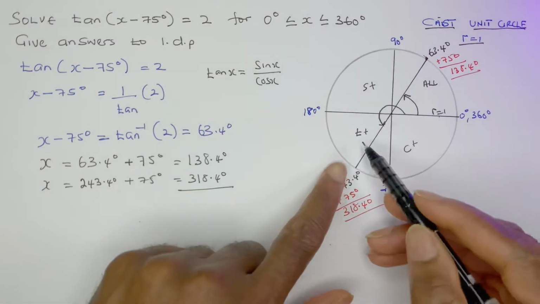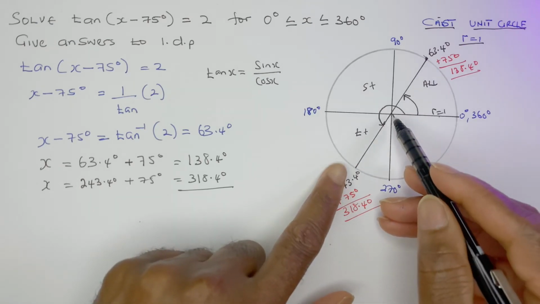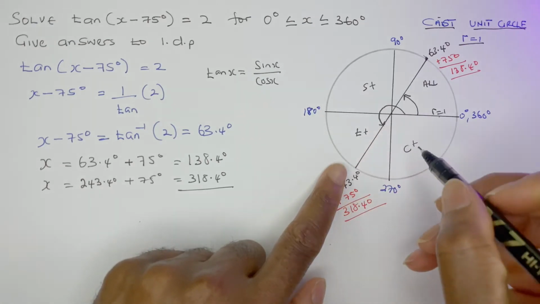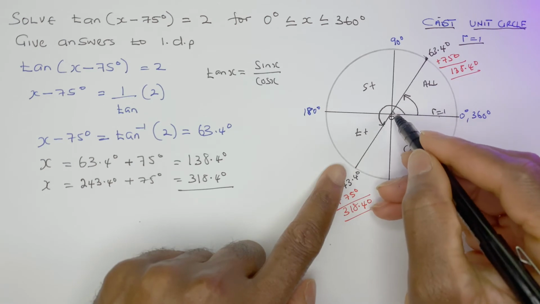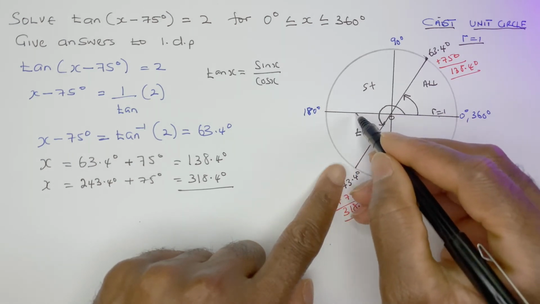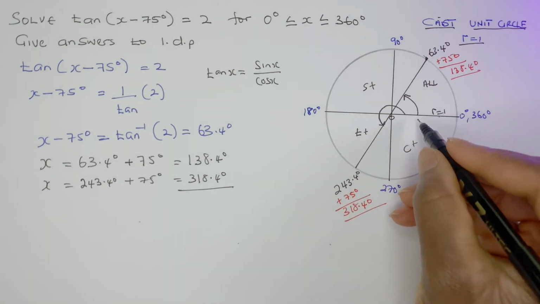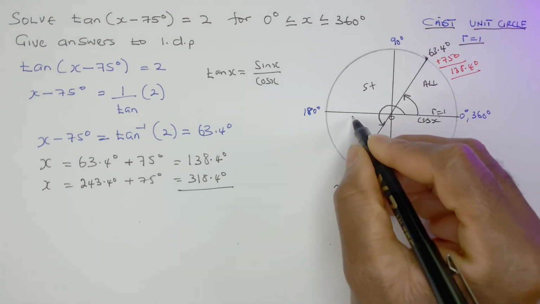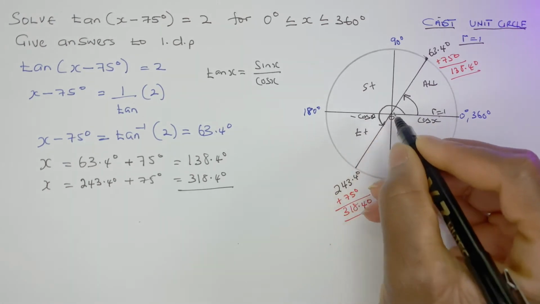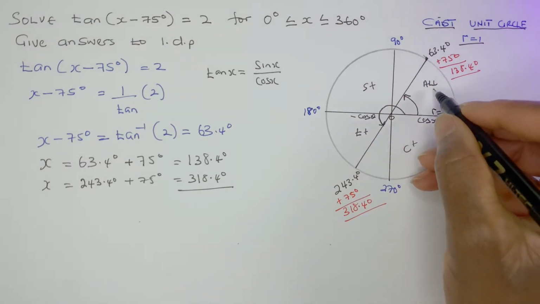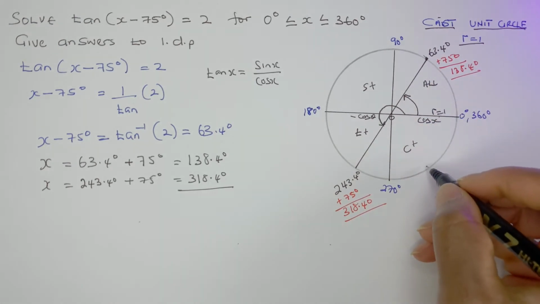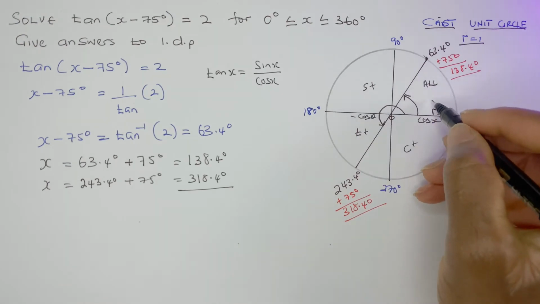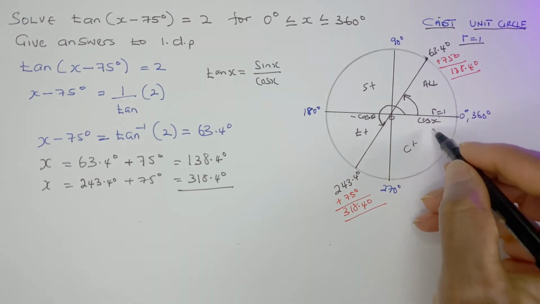So you can see why tan is positive here, because cos is negative here and sine is negative here, because the x-axis is cos, and this is minus cos theta, and this is y, and this is minus y, and that's minus sine.